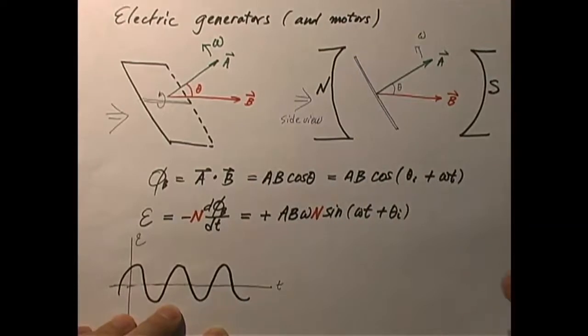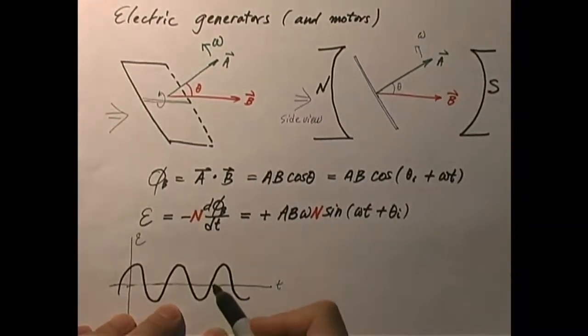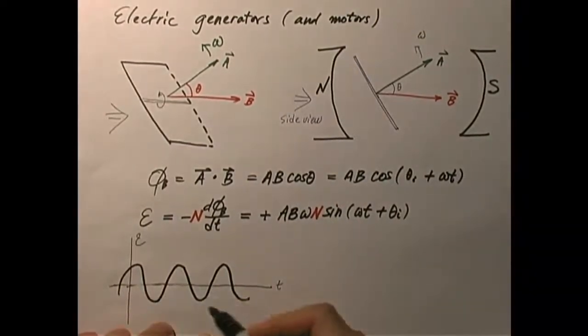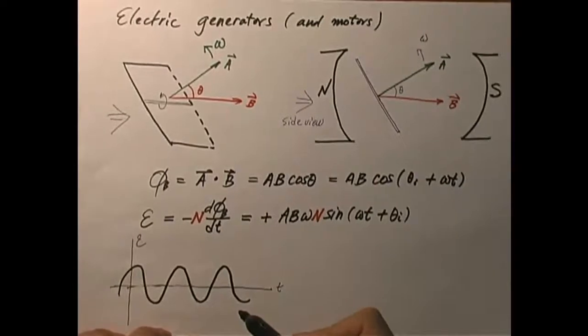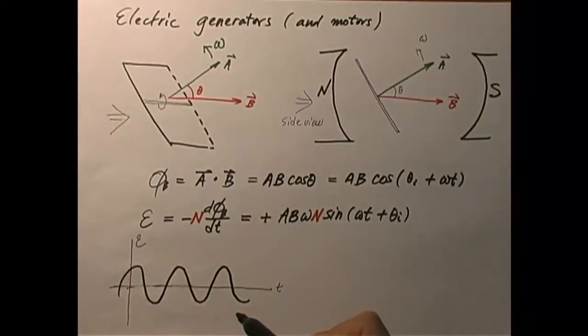And in doing so, you will generate an EMF, and this EMF, as you see, is an AC, alternating source. It's not a direct source, which means its direction changes all the time. So that is why we use AC as a power source. If it is necessary to turn into DC, then there are ways to do that, and that is partly described in our textbook.